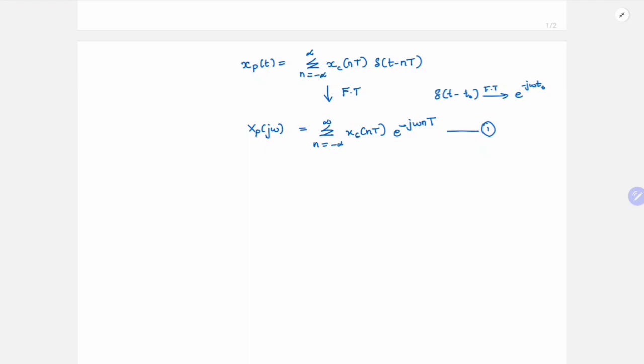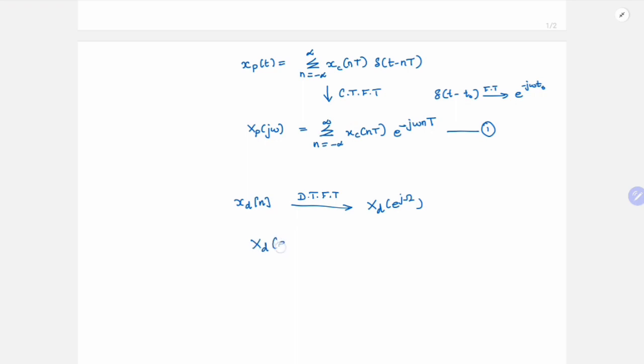Now for xd of n, the discrete time Fourier transform. This one is continuous time. So I'll have xd of e power j omega, where I represent the frequency using capital omega.